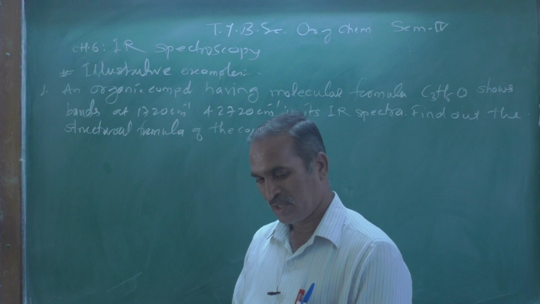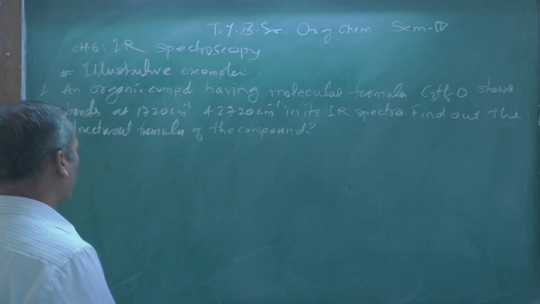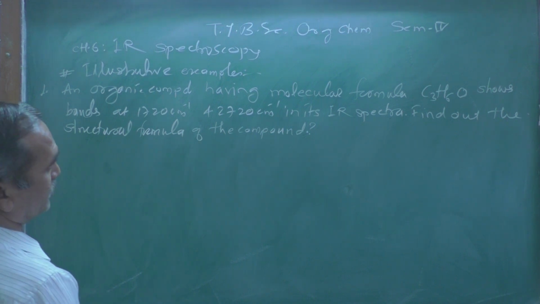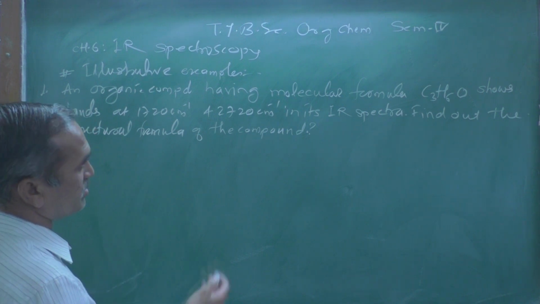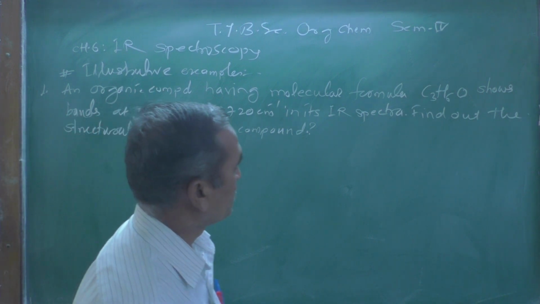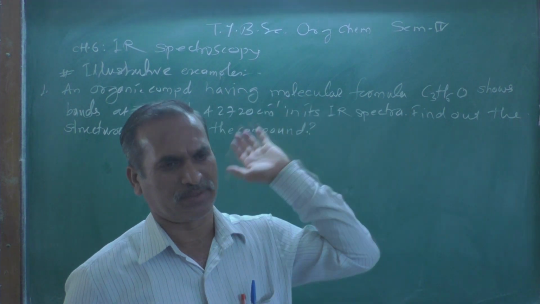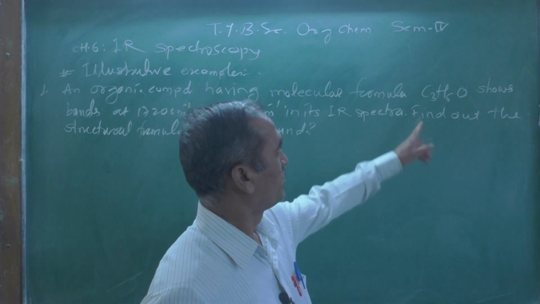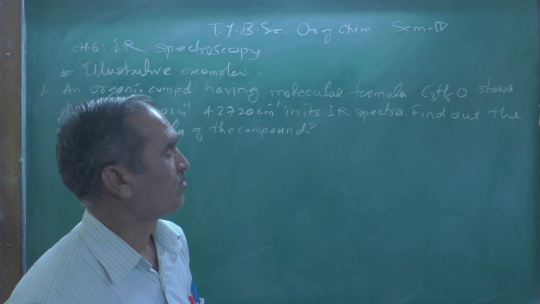While solving the problem, the first point is to find out the structural formula of the compound. As we know, this is the molecular formula, and there are a number of different structures we can assign for this.